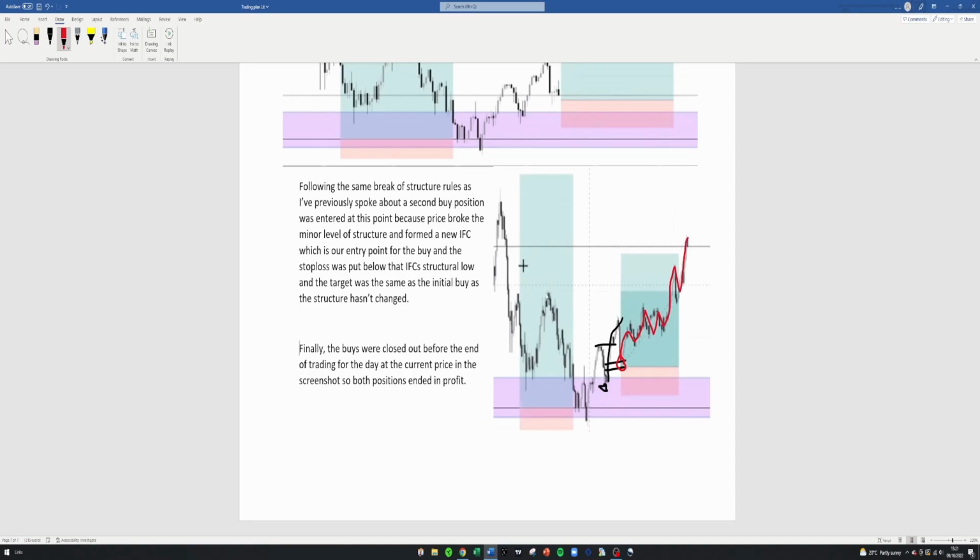We were still targeting above the equal highs here. And as it says, we sold at the end of the trading day before the market closed at the current price.